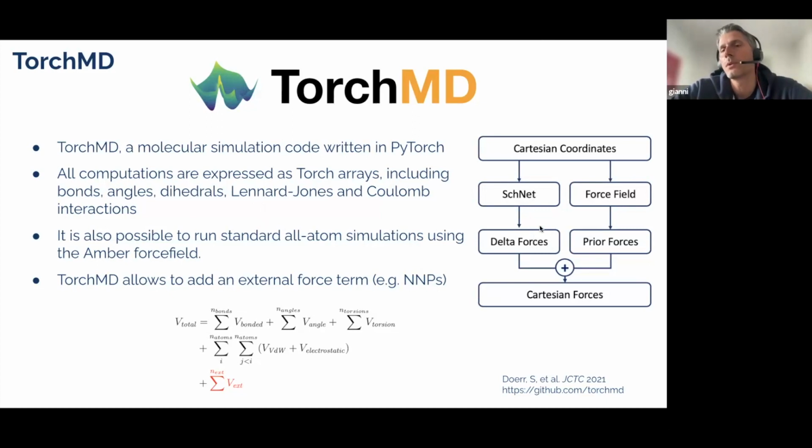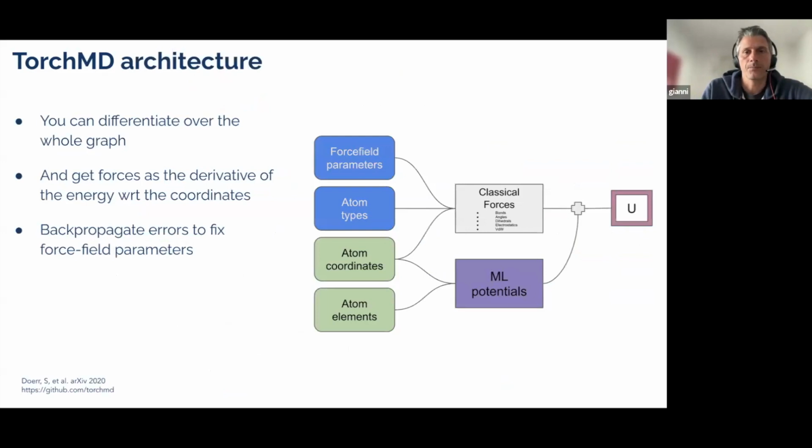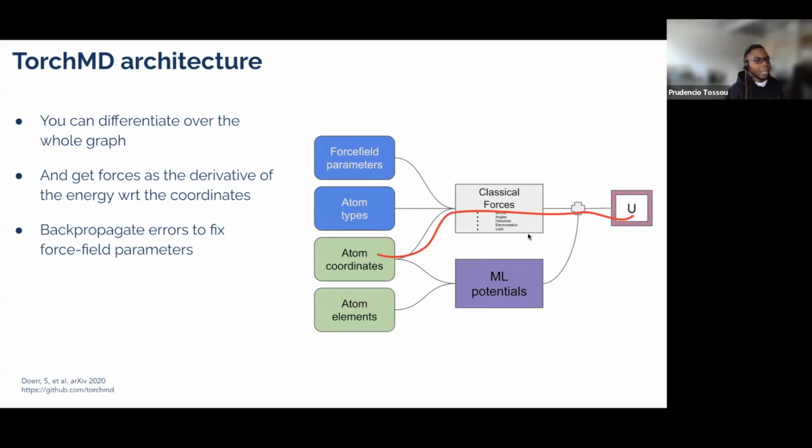It's a development tool, and it's end-to-end differentiable. So you can run simulations and then backpropagate through the simulation to optimize your parameters or anything else. It offers a lot of flexibility apart from just merging two different force fields. You can have the standard force field parameters, but also a machine learning potential, and mix the two.